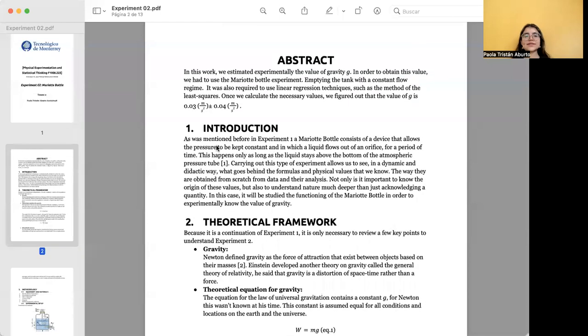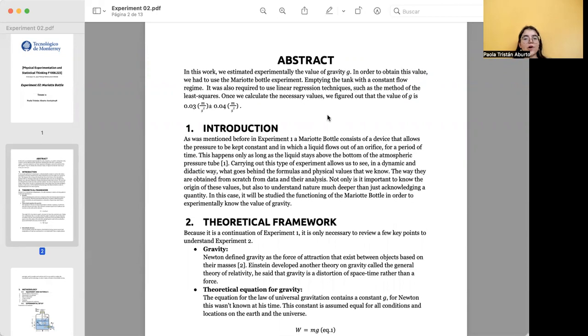In this work, we estimate experimentally the value of gravity, or G. In order to obtain this value, we have to use the Marriott model of experiment 1 by emptying it with a constant flow region.